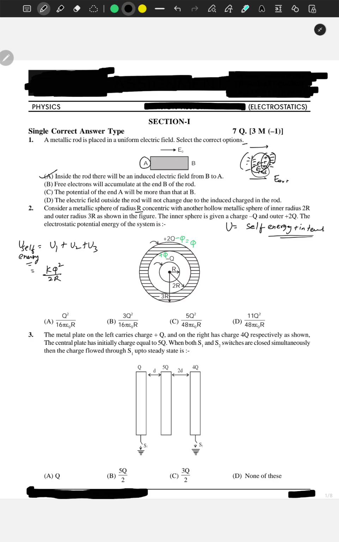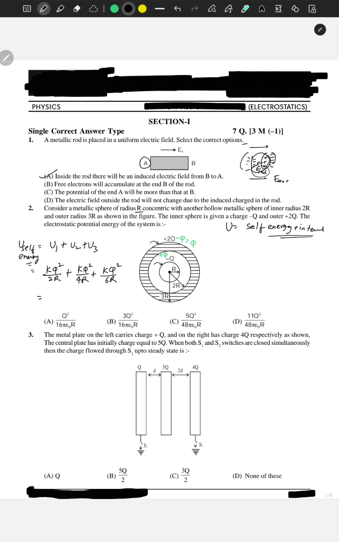The self energy of a hollow sphere is kq square by 2r. Plus the self energy of the second sphere: the charge is q, but the radius is 2r, so it becomes kq square by 4r. And the third one, the charge is again q, but the radius is 3r, so it is kq square by 6r.